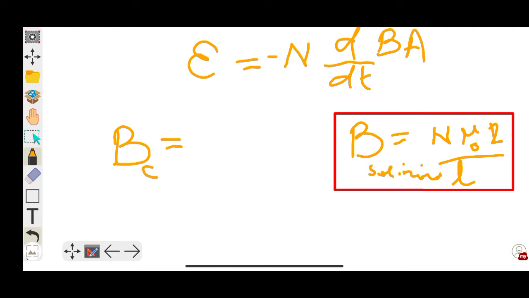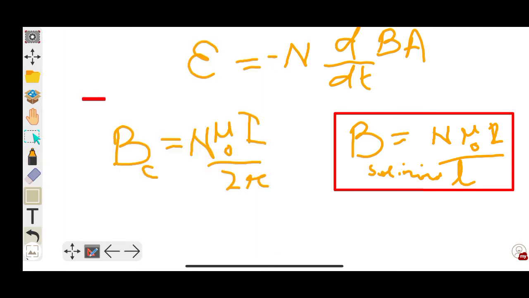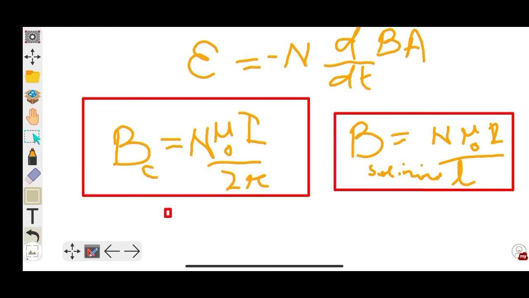If it is a coil, then it is mu naught I upon 2r into the number of turns. So if it is a coil, you'll write the magnetic field as this, and if it is a solenoid, you'll write the magnetic field by this. So this is for the coil, and this is for the solenoid.